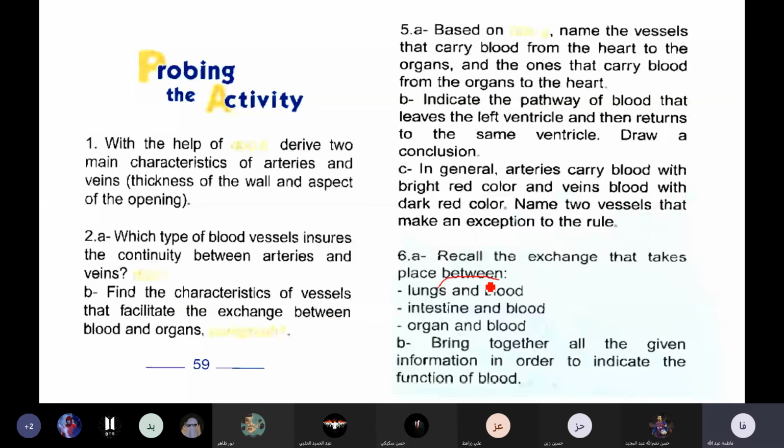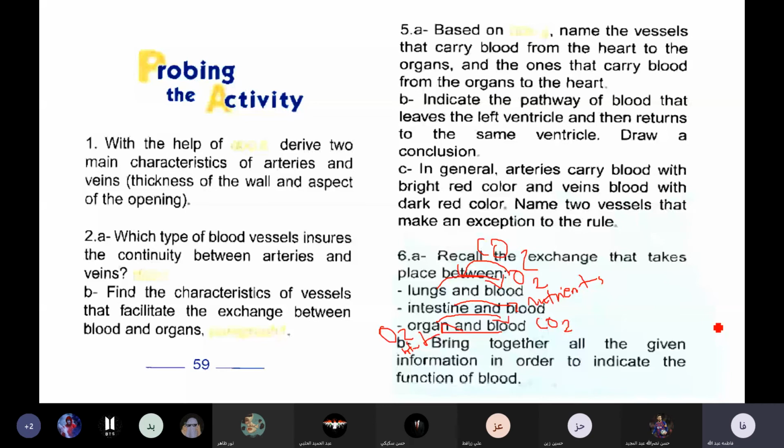To summarize: lungs and blood. Lungs give the blood O2, blood gives the lungs CO2. Intestine gives the blood nutrients. Organs give the blood CO2, and the blood gives the organs O2 plus nutrients. Bring together all the giving information in order to indicate the function of blood.